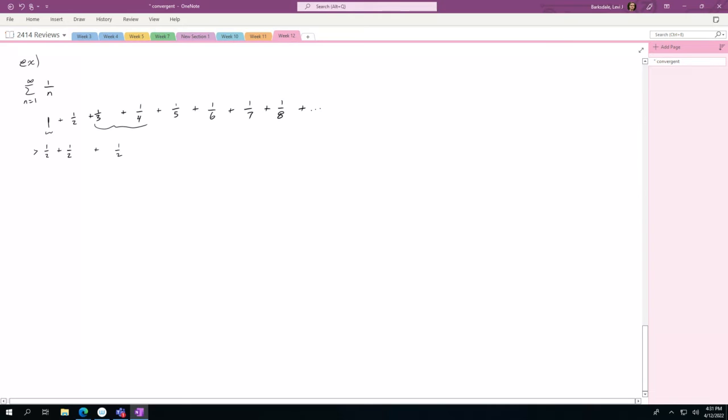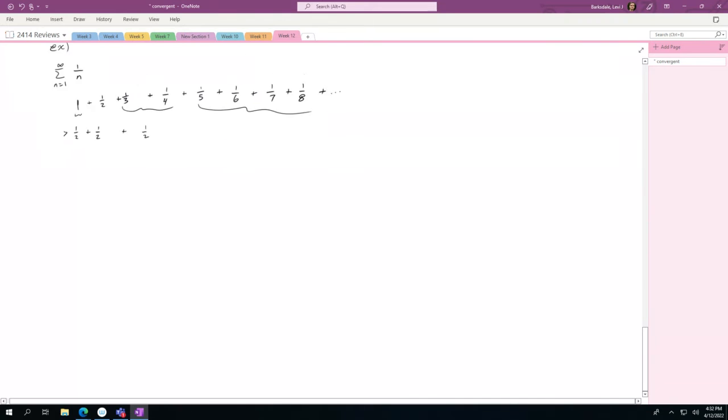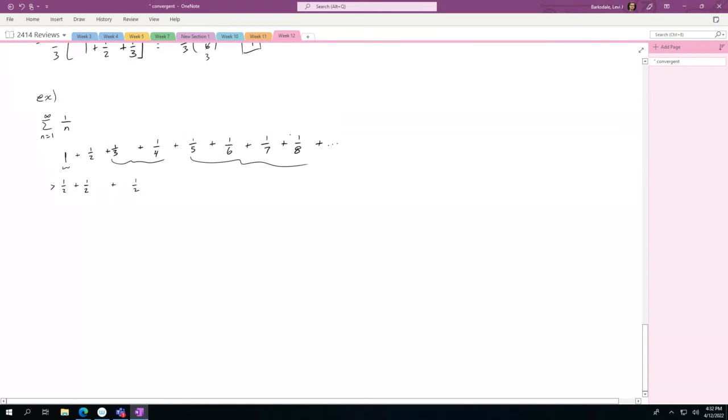Now I'm going to do the same thing with the next 4 terms, because I know that 4 times 1/8 is 1/2, right? But then each of these things is bigger than it, which means that 4 times 1/8, which is 1/2, should be smaller than these. And I can keep making groups of 1/2 like this as many times as I want.